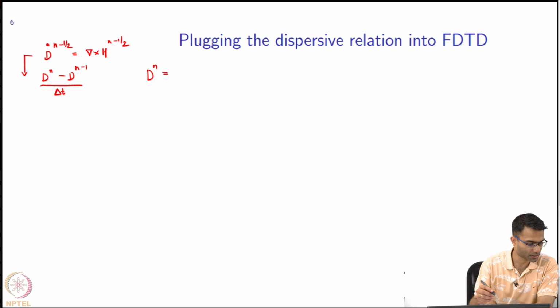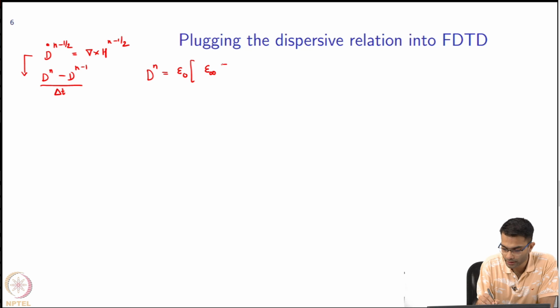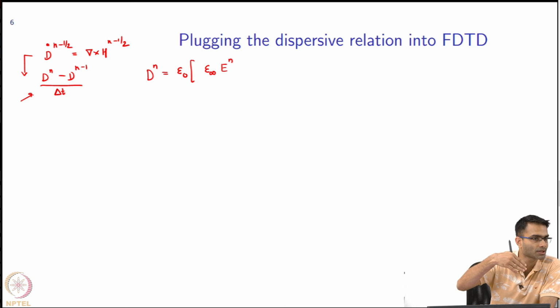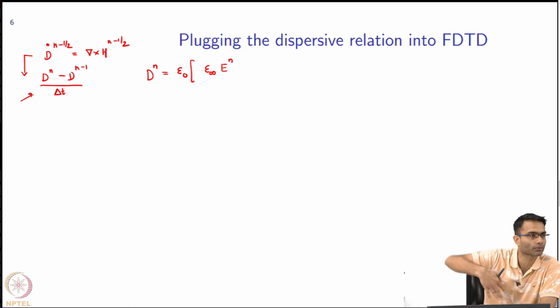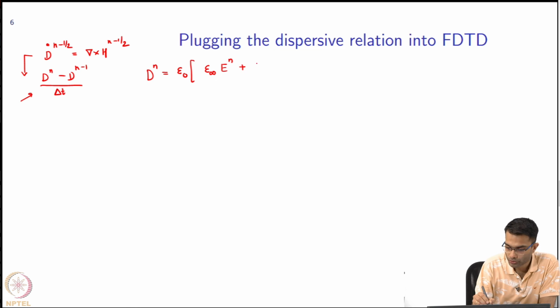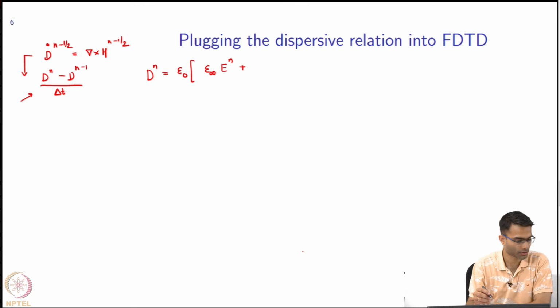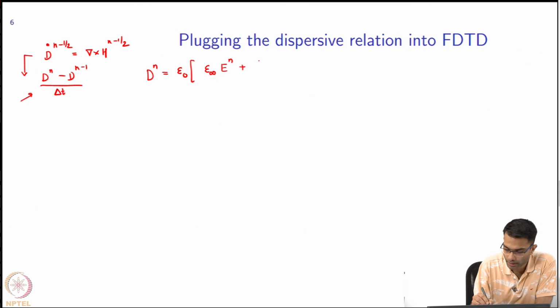So, what is the first term? I have my epsilon 0 everywhere, then I have epsilon infinity E n. Now, remember, I want to subtract this from dn minus 1. A lot of terms may be common between dn and dn minus 1. So, I will just write out the summation and then we will do the subtraction. So, we will start with m is equal to 0. It will be E n beta bar 0, right. It is very simple if you just keep track of the indices.